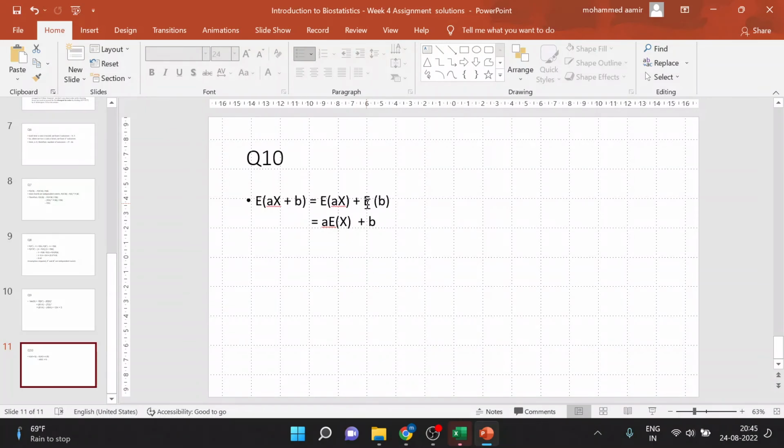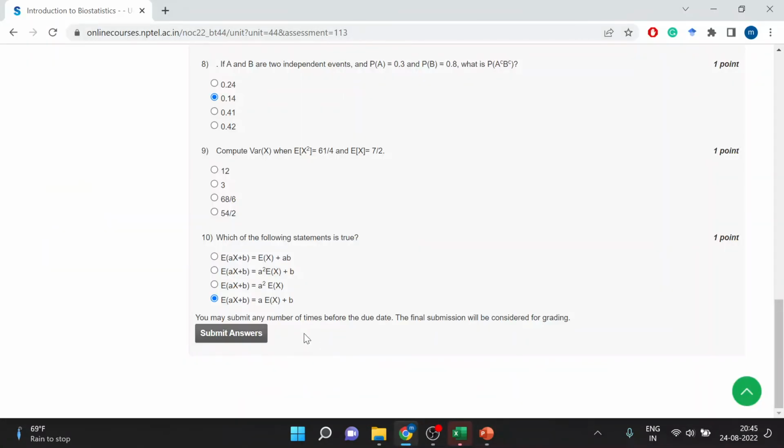Now, expectation of a constant is the constant itself, so expectation of B is B. And when you have expectation of a constant multiplied by a random variable, you can take the constant out and just multiply by the expectation of the random variable, which is E of x. So E of Ax plus B is A into E of x plus B, which is the fourth option, and the others are not true.